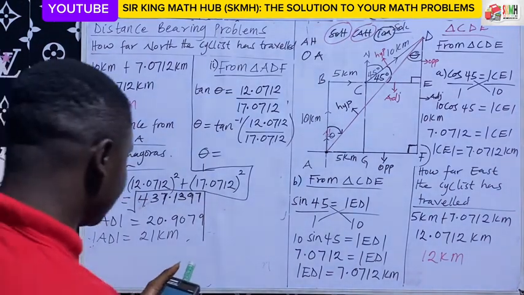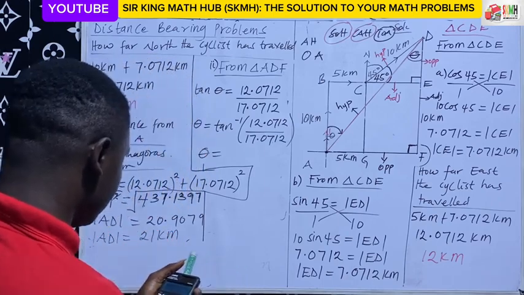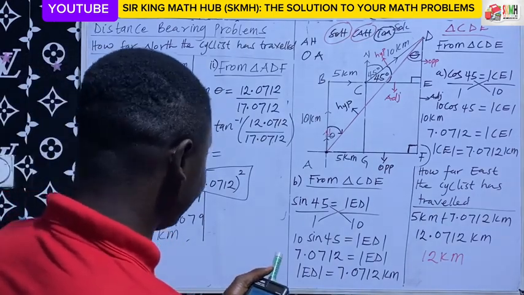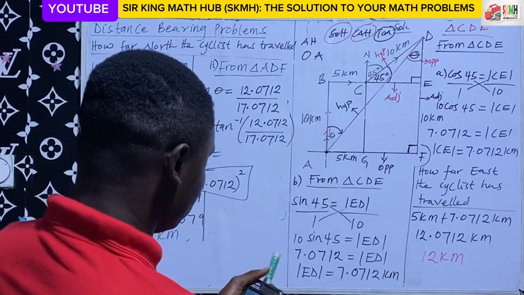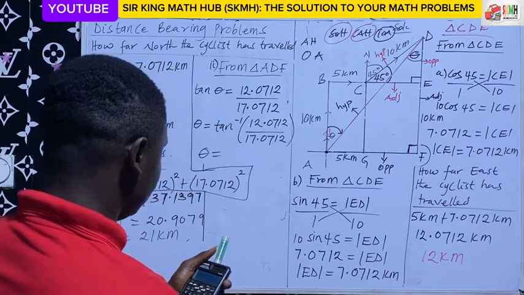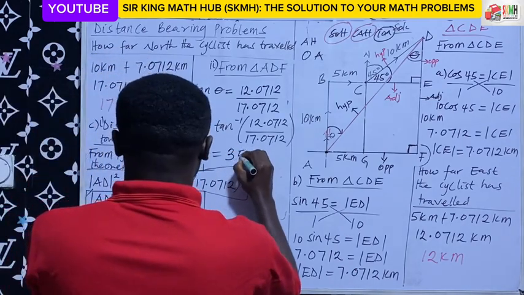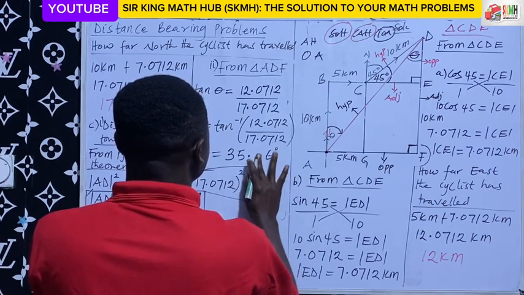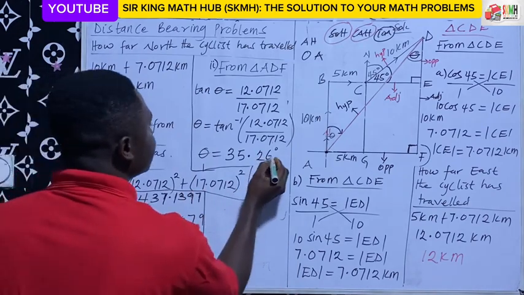The tan inverse of 12.0712 divided by 17.0712. So theta is 35.26 degrees.